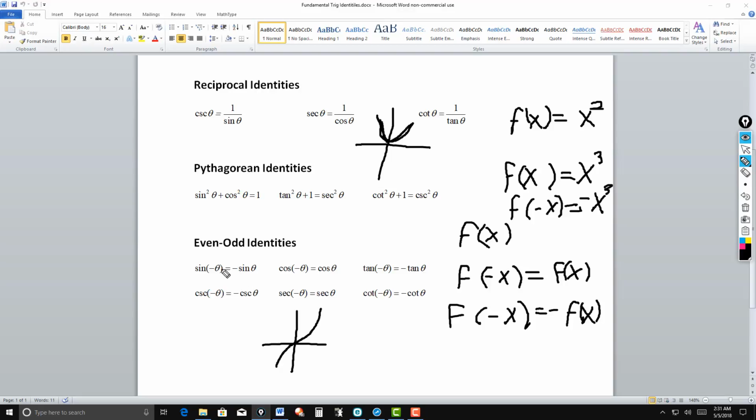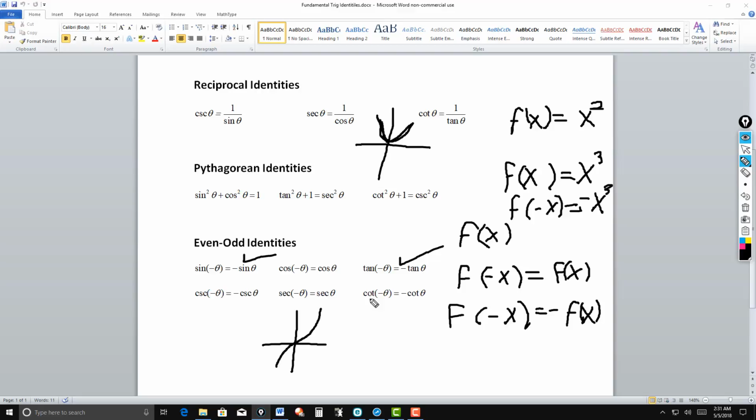So looking at this, we can conclude that the sine function, the cosecant function, the tangent function, and the cotangent function are odd functions.